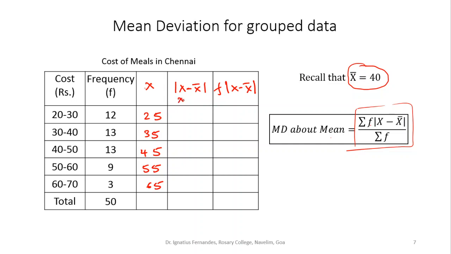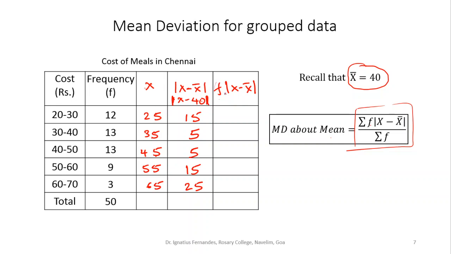I am looking at |x minus 40|. 25 minus 40 is minus 15, with the absolute sign it is 15. 35 minus 40 is minus 5, with the absolute sign it is 5. Then 45 minus 40 is 5, these are directly positive values. 55 minus 40 is 15, and 65 minus 40 is 25. So these are our |x minus x bar| values.